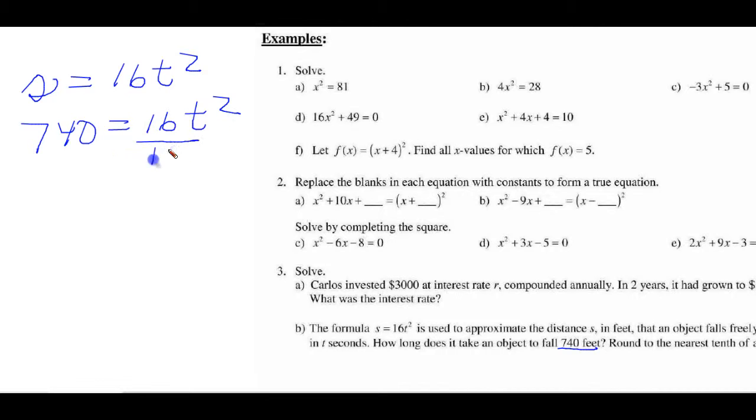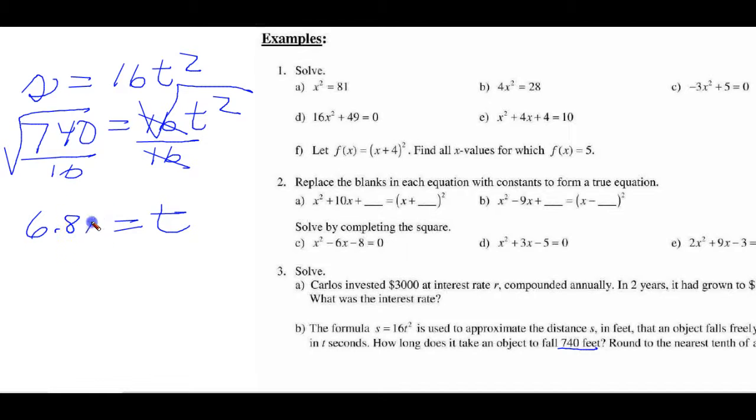We're going to divide both sides by 16. Take the square root. We get t, and there's a negative, but we reject that one. And this comes out to be about 6.8 seconds.